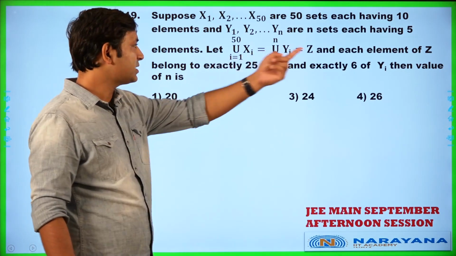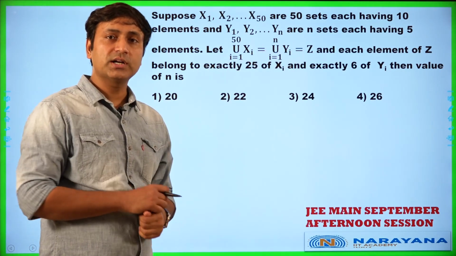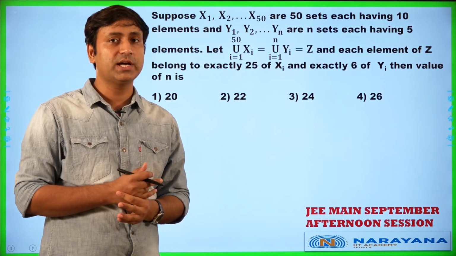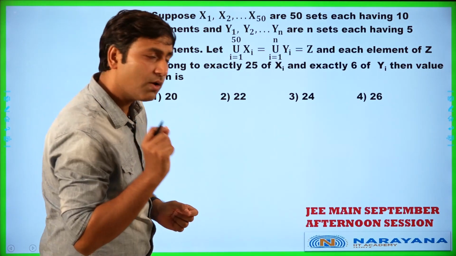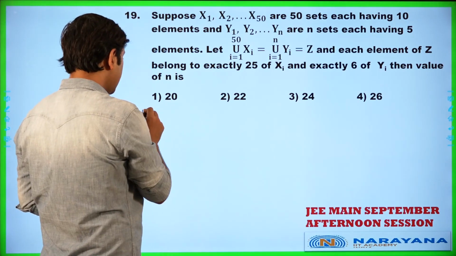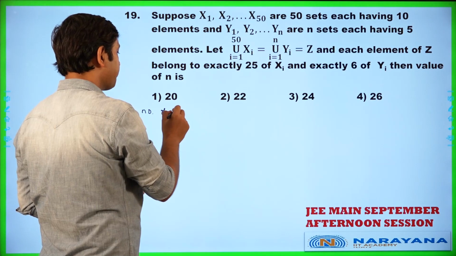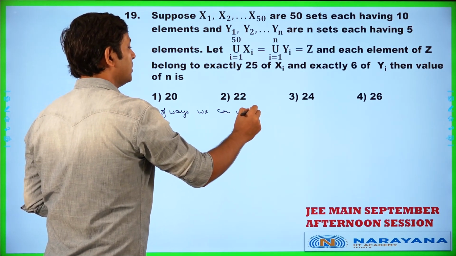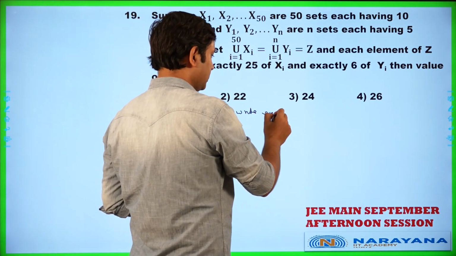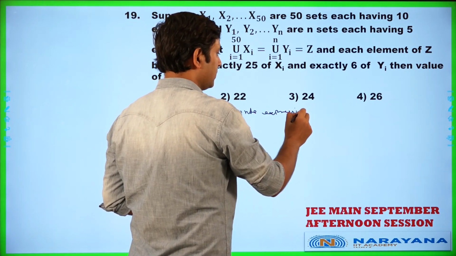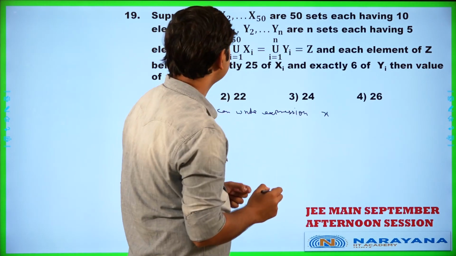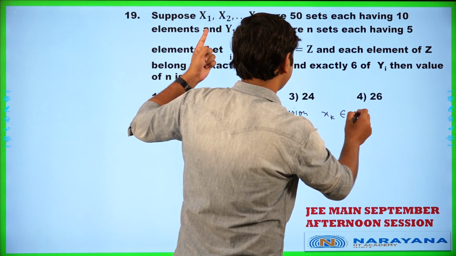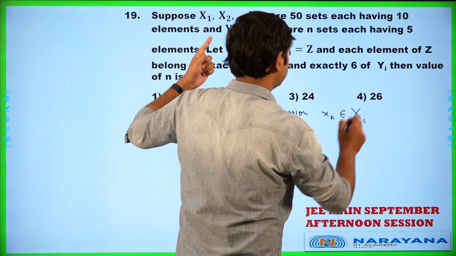Now in order to use this information, we'll be counting a different thing. We won't be counting the number of elements in X or the number of elements in Y. We'll be counting the number of ways we can write the expression xk belongs to Xi.